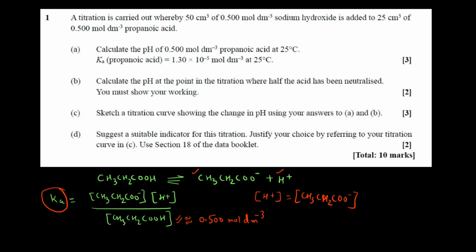Okay, so let us keep that this concentration is X. So our formula reduces to Ka equals X squared over the concentration of CH3CH2COOH.